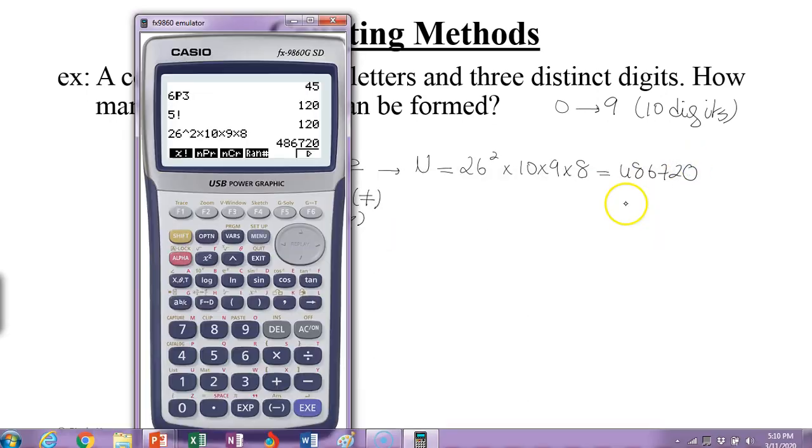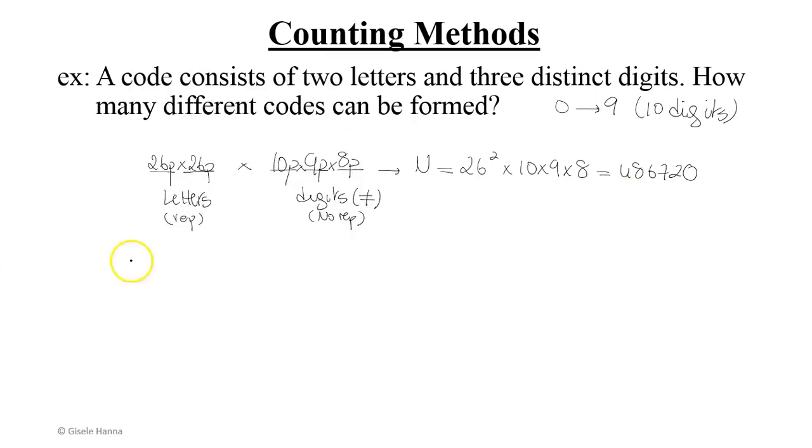So that's a huge number of codes we can use there, right? However, if instead you wanted to use arrangements, for the letters, it's an arrangement or permutation with repetition. With repetition, it's the total number of objects, which are the 26 letters of the English alphabet, raised to the power of the number of objects you're choosing.